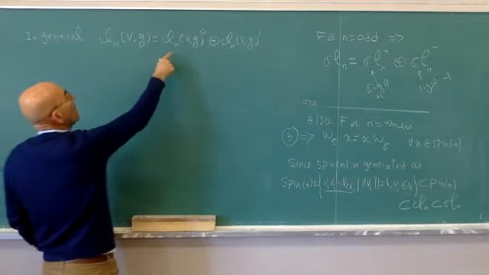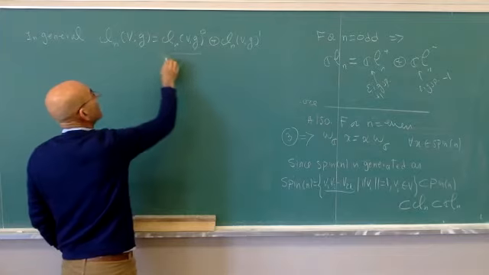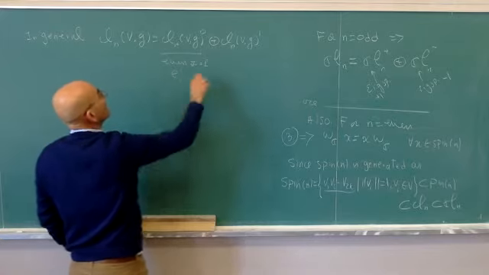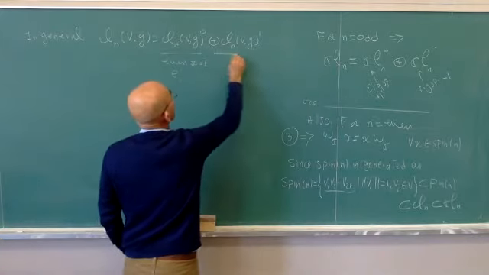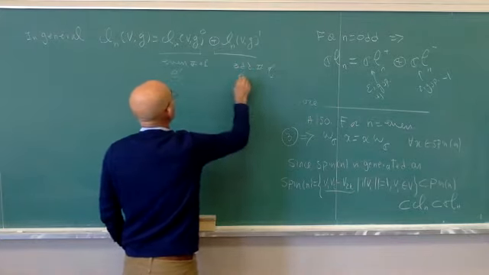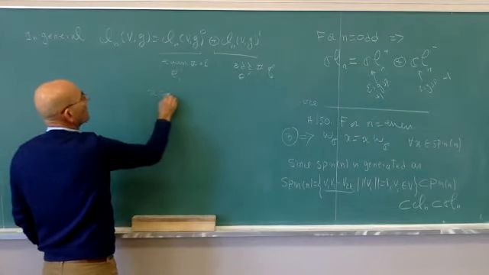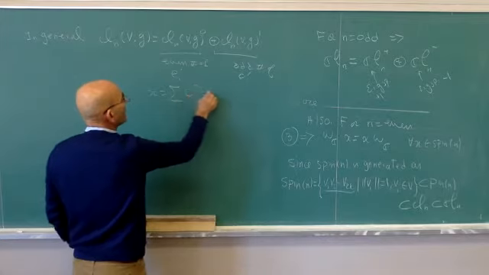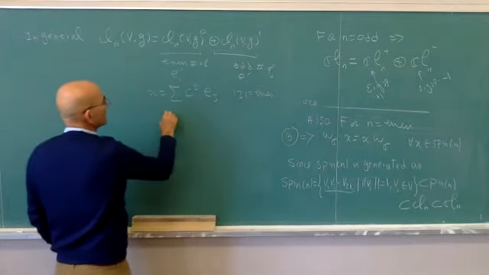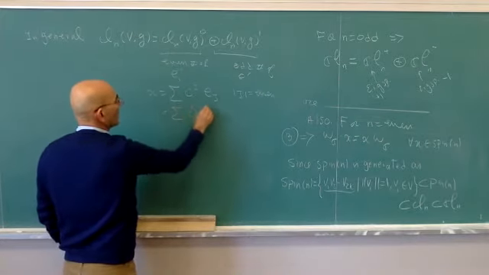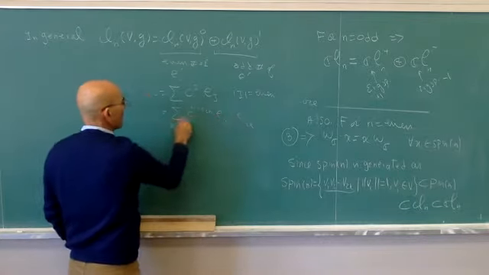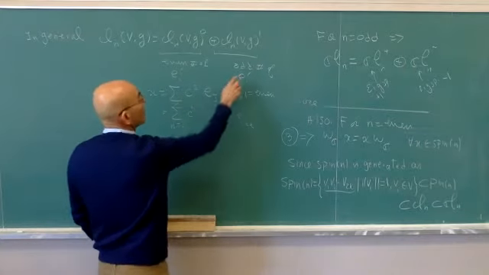It could be 0, for example. So what is this? This is generated by an even number of e_i's. This is generated by an odd number of e_i's. An element over there you can always write as a sum of c_I e_I, where this index is an even number. I can just say c_{i1...i2k} e_{i1}...e_{i2k}, k from 0 up to whatever. And the same for this one, right?